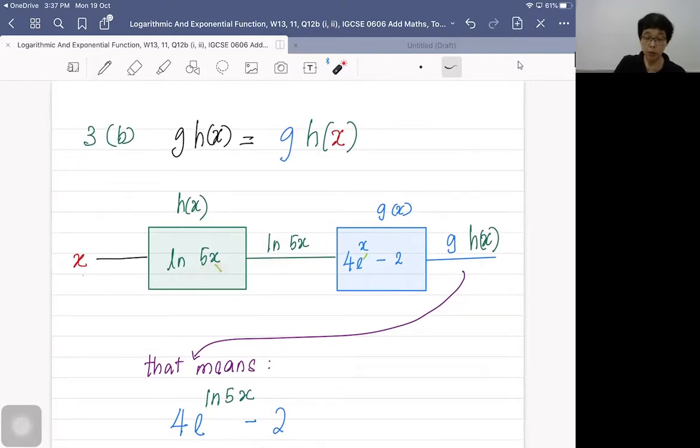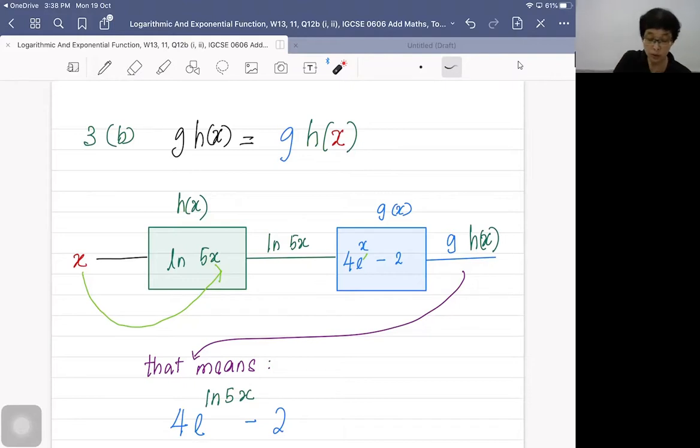So what we do here is, this raw material x is put into h. After the process of h, you get the output ln 5x. No more x. Now the finished product, the output of h, goes as input into g.